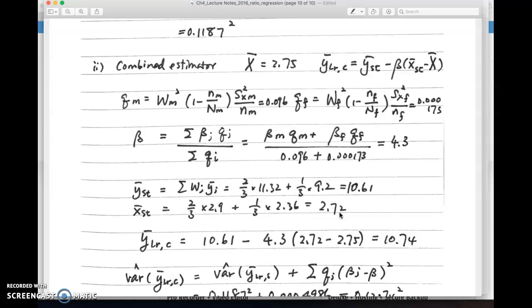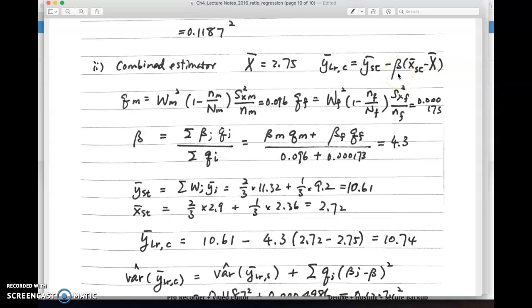But we need to apply the linear regression estimation for the sample to estimate the overall Y bar. So in this case, we want to use Y bar minus beta multiplied by X bar minus the true population value. So the question is how we estimate the beta.